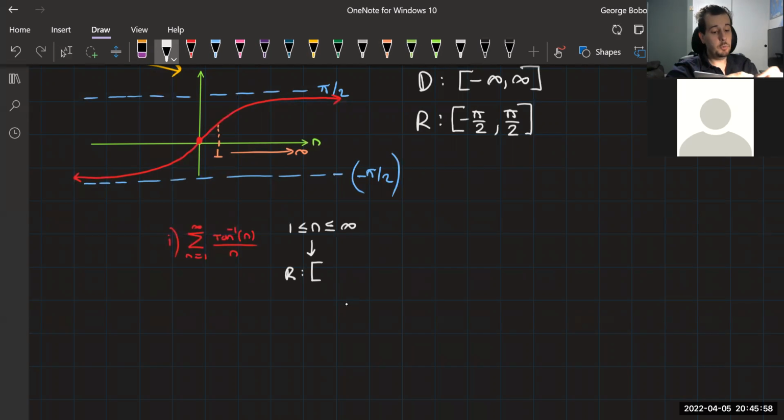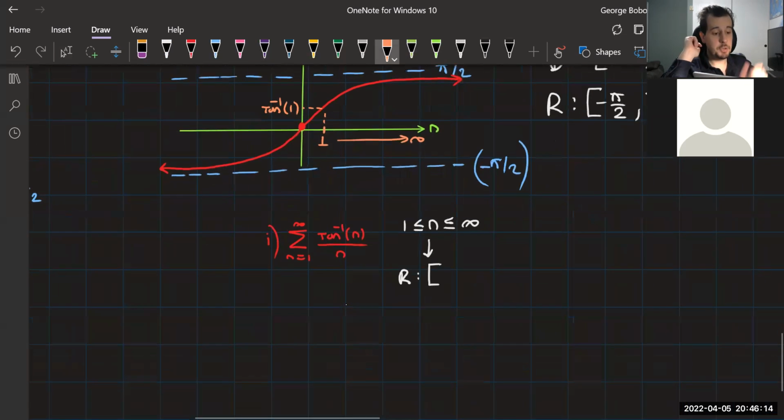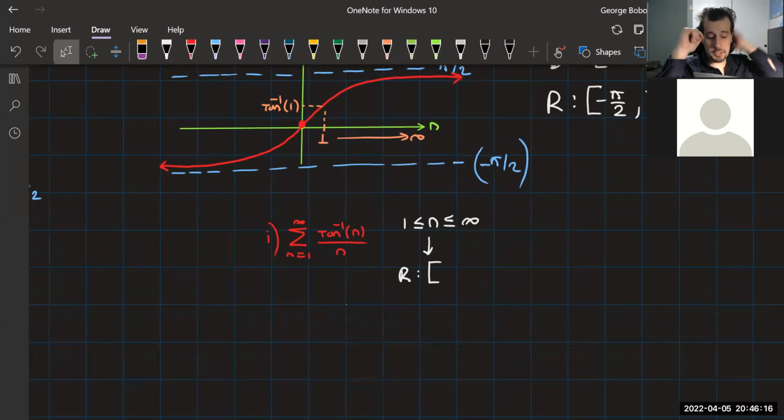So the smallest value that we can be right now, Kelly, is this guy over here, which is going to be tan inverse of 1. Do you know what this is as an angle off by heart? 45 degrees. That's a special triangle, the one that has opposite and adjacent sides equal.